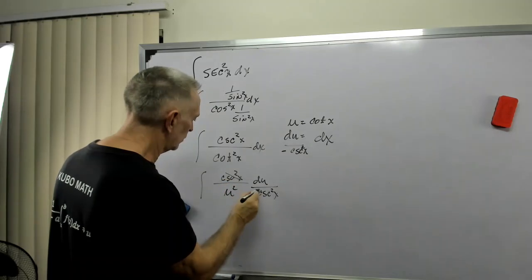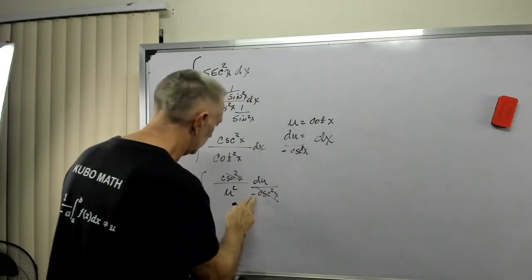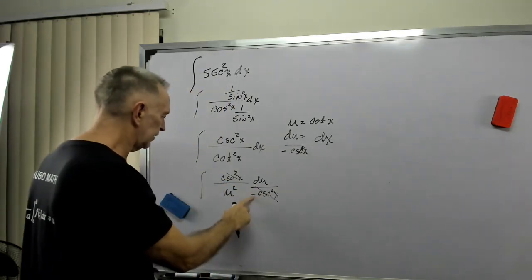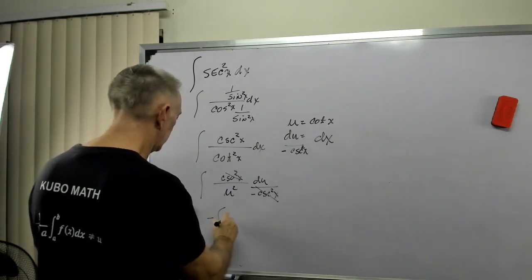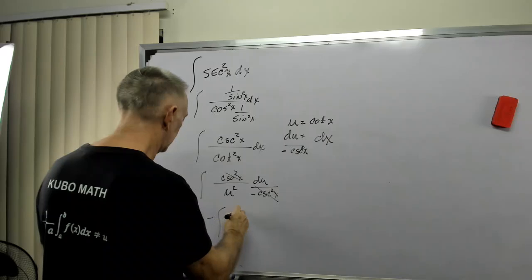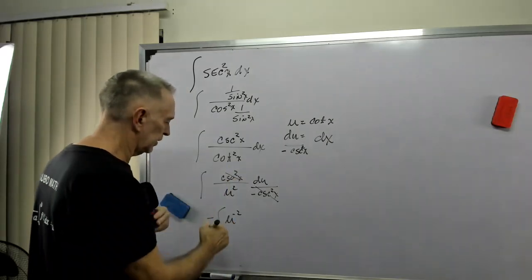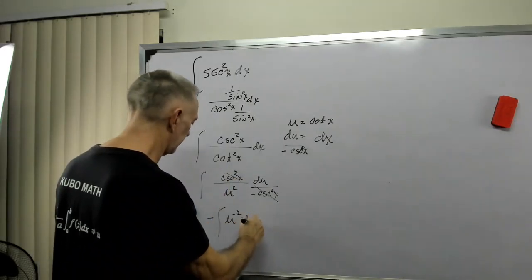You'll notice this cosecant squared cancels that cosecant squared, but I still have this negative here, so I have the negative of the integral of u to the negative 2. I'll bring that to the numerator, du.